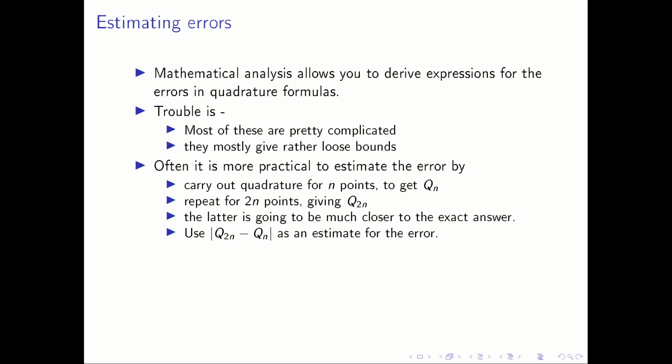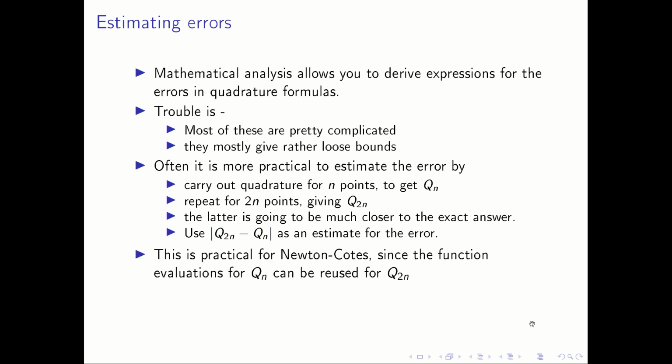Maybe the error is too big. Maybe we need to increase the number of points, and so on. So without an estimate of the error, we cannot judge whether the result we are getting is good enough. We will come back to this point later, but for the time being, let's point out one important thing here. For Newton-Cotes quadrature, this is actually a pretty practical thing to do.